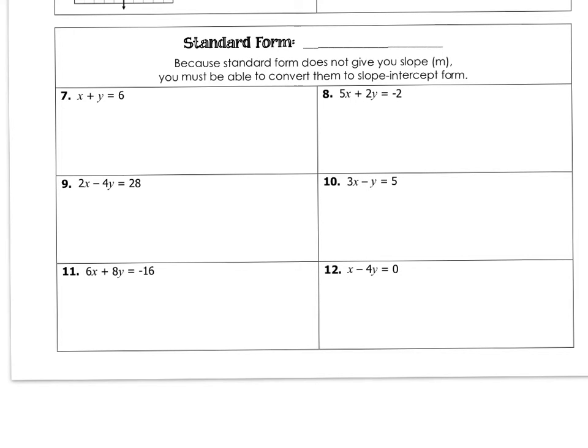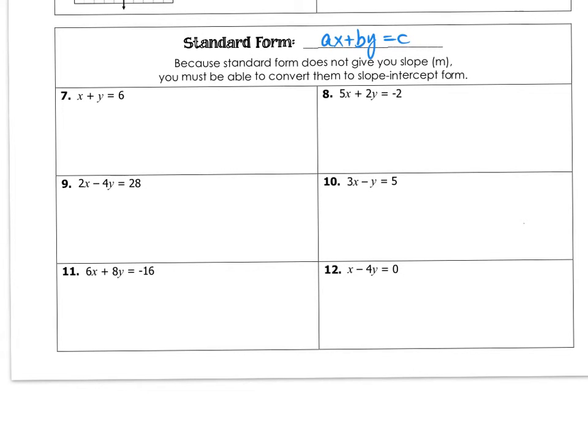Standard form is, who likes anything being standard? It's the boring stuff. So it's the ABCs. And really what it is that we put all the variables on one side and put the numerical term on the other side. Compared to slope-intercept form, we have just the y on one side and everything else on the other side.